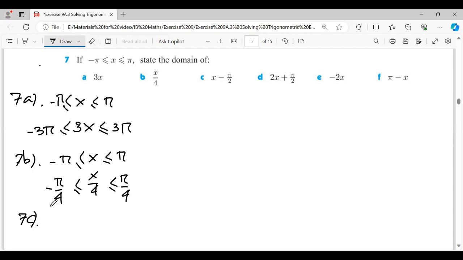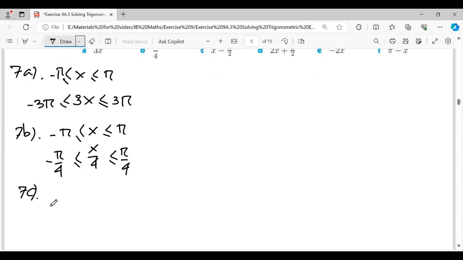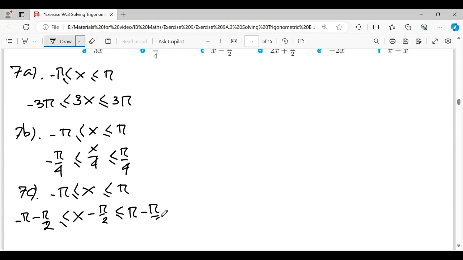7c. X minus pi over 2. Okay. If x minus pi over 2, it means this is negative pi minus pi over 2 as well. Pi minus pi over 2.